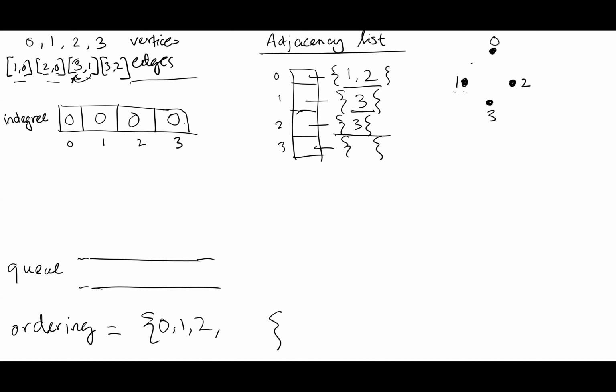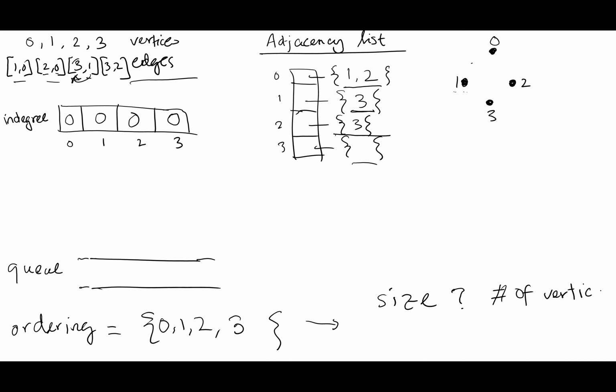Once it goes to 0, I can immediately put it into my queue. Next I take 3 out. Obviously 3 doesn't have any neighbors, so I don't need to do anything. The final thing is I will check if the size of the ordering is equal to the number of vertices.